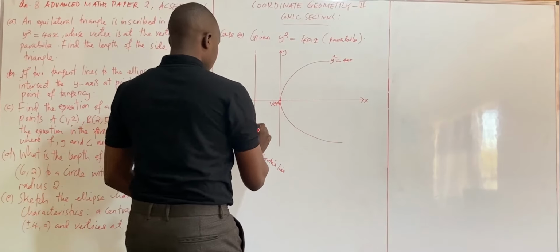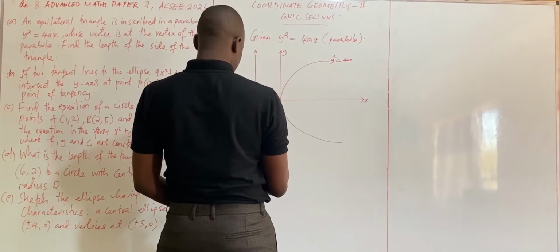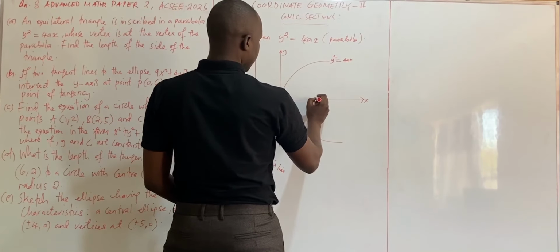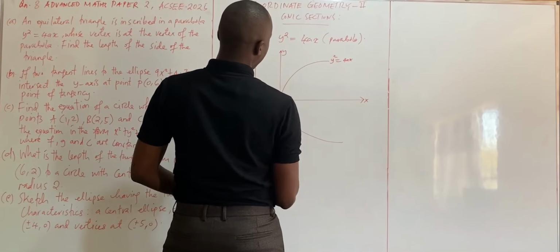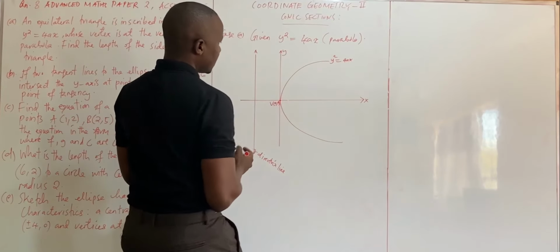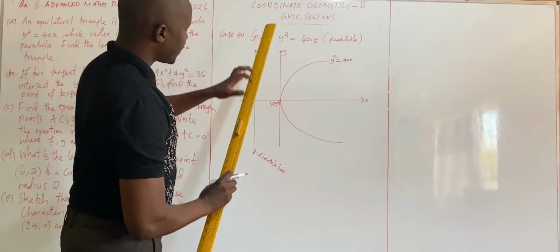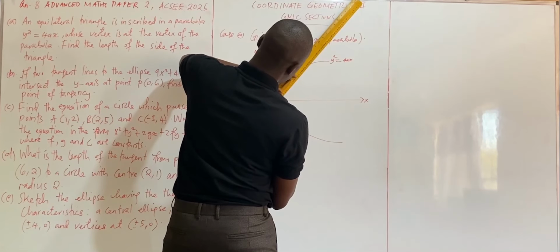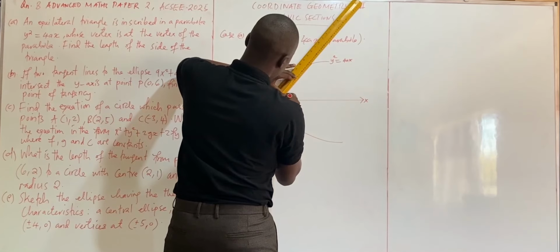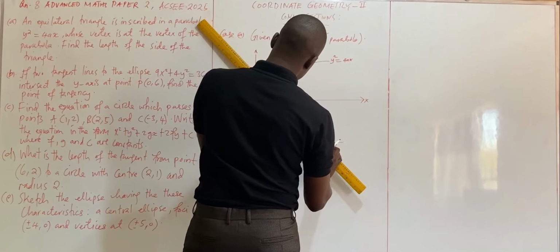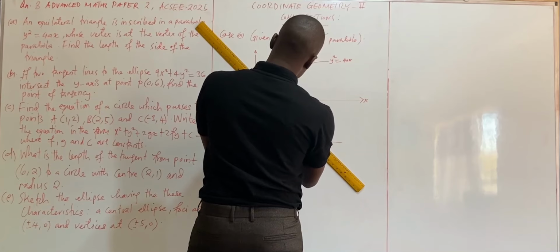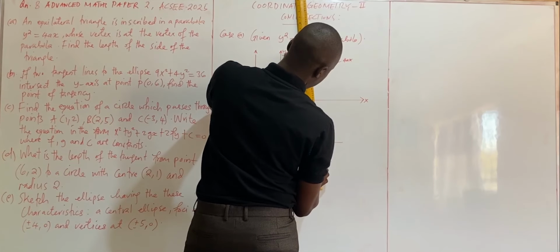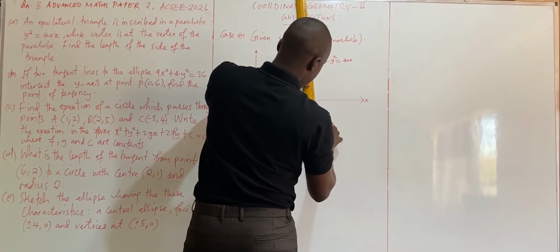Here we have the focus, but for the parabola this is not necessary, because we are told the equilateral triangle is inscribed in that parabola. So this is our equilateral triangle here, and we join the third side to make a closed figure.